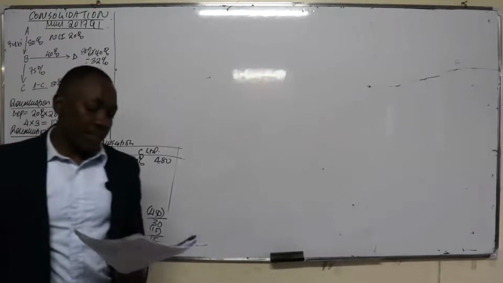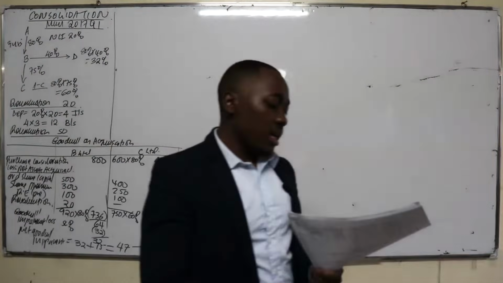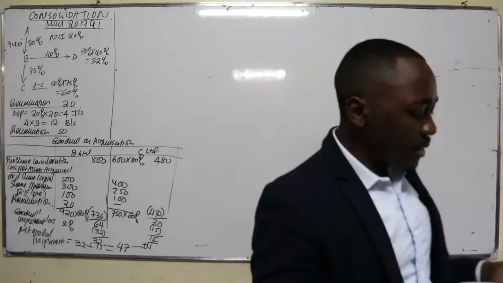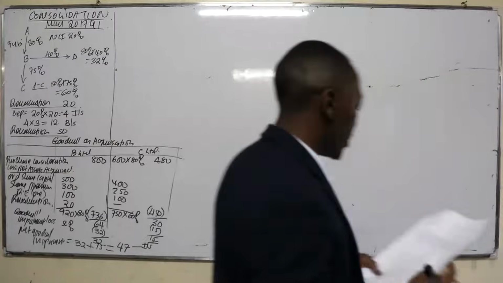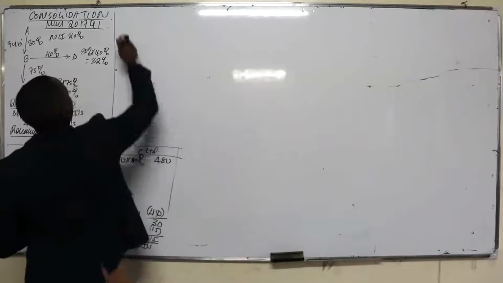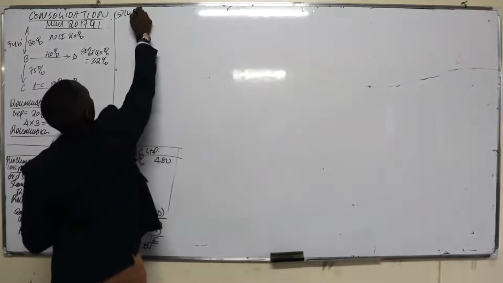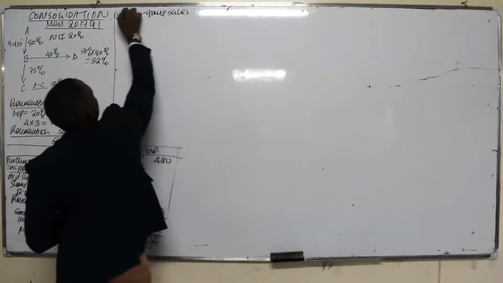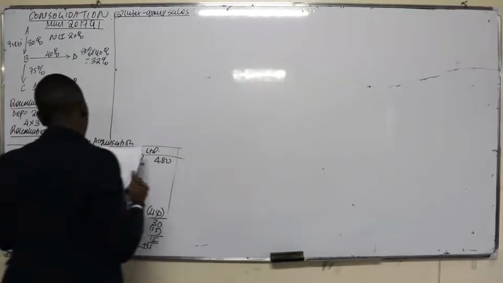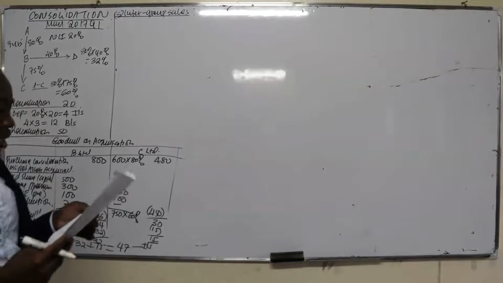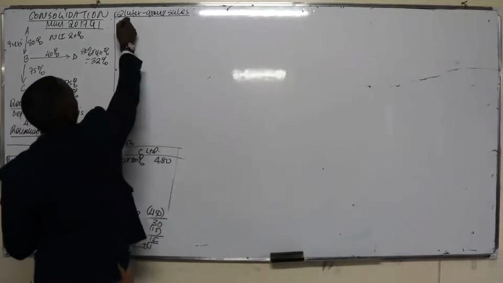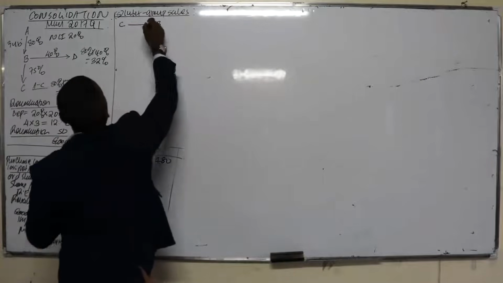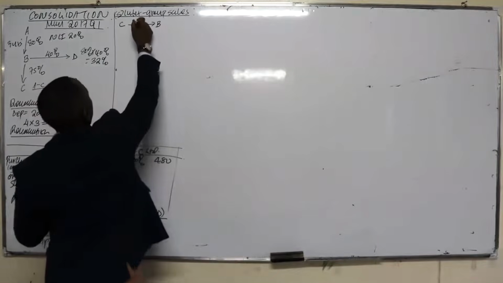Let's go to note number 5. Intercompany sales were as follows during the year. So number 5, we have intergroup sales. And we have the seller and the buyer. C sold to B. The selling price was 200.